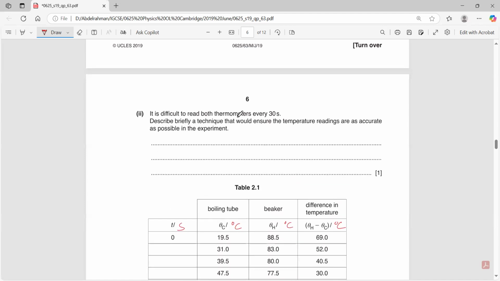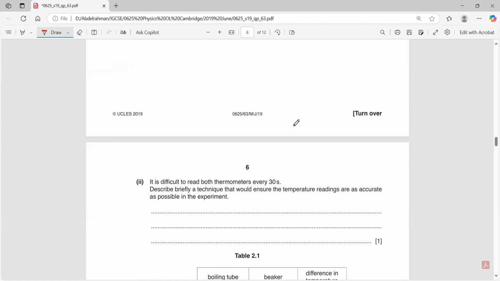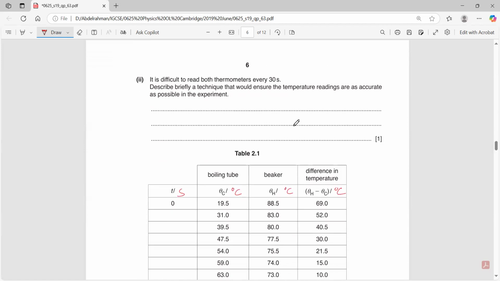It is difficult to read both thermometers every 30 seconds. We have a thermometer for the cold water and a thermometer for the hot water. Describe briefly a technique that would ensure that temperature readings are as accurate as possible. So why would it be difficult?